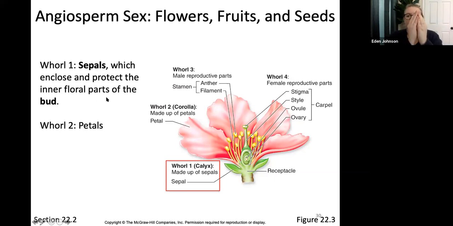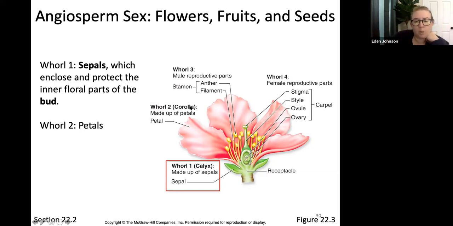And when that rose was in a bud, the fleshy leaves that are making up that bud, those are the sepals. So that when it opens up and reveals all of these petals and all these reproductive organs, the sepals just diminish. They don't fully go away necessarily, but they become smaller.